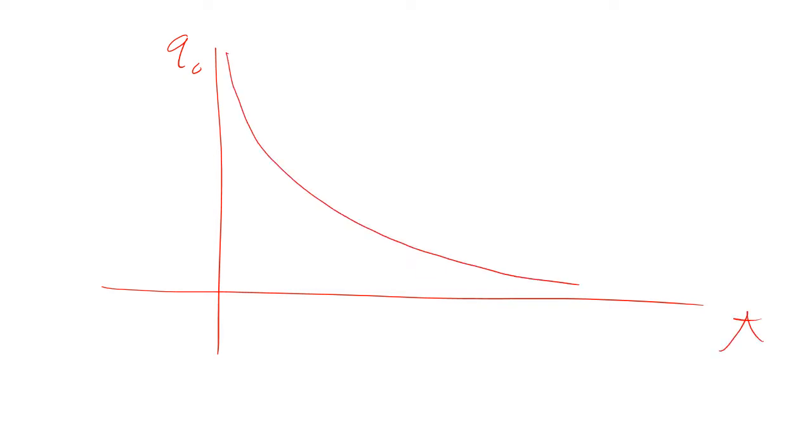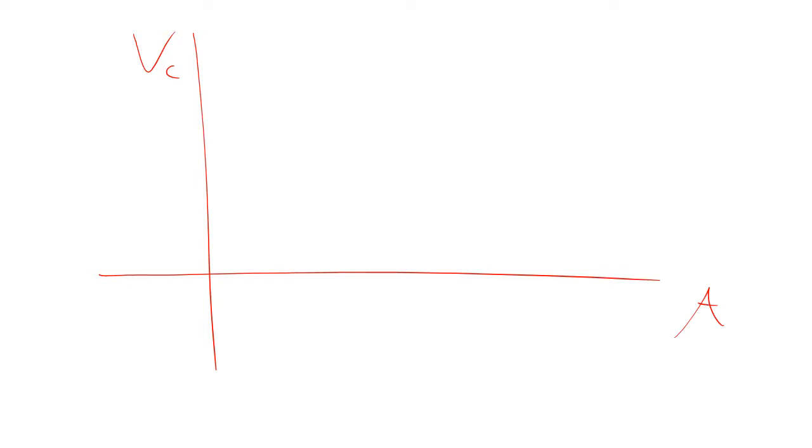So what does this mean? This means that our capacitor starts at some Q naught, and if you graph that versus time, it drops like that. Now, we know that the voltage on the capacitor is Q over C, so the voltage on the capacitor versus time is an exponential drop.